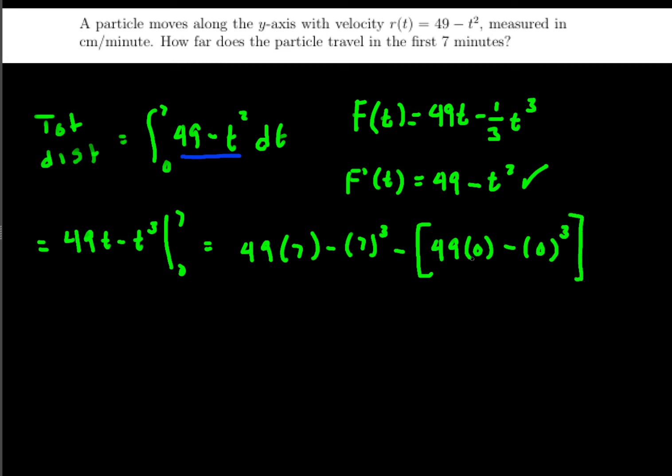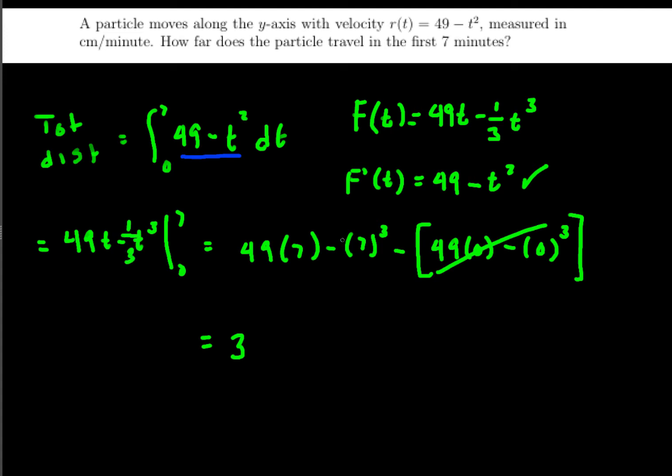Well, 49 times 0 is 0, 0 cubed is 0, so I'm not subtracting anything here. That all is 0. So this is equal to 49 times 7 is 343, and whoops, I made a mistake. Did anybody catch that? I forgot my 1/3. Let's stick that in here.